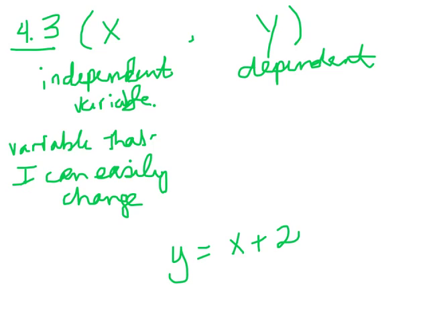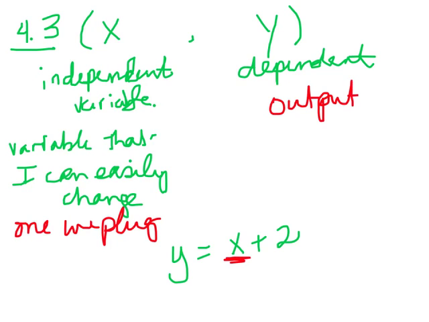Usually the independent value is the one that we plug in. So I would plug in x and I would get out y. Y would be my output, but we also call it the dependent variable because it depends on what I plug in for x.